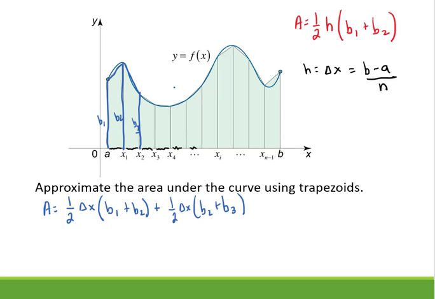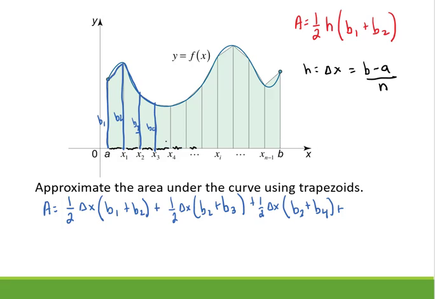Continuing along, we have base 3 and base 4. 1/2 delta x, base 3, and let's call that base 4. I apologize, that's kind of hard to read. Plus base 4. And we continue on.